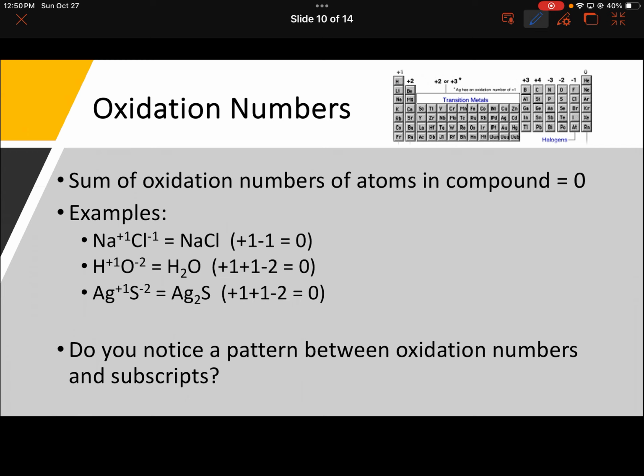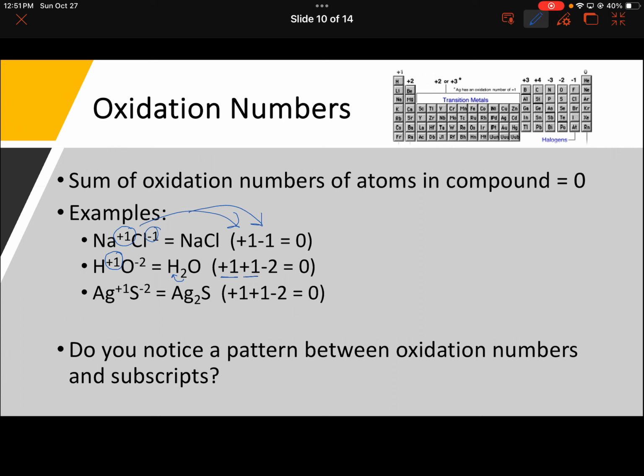And then in a compound, the sum of the oxidation numbers is always a 0. We're going to start putting these onto atoms in the compound, and they usually always add up to 0. So here, plus 1, minus 1 equals 0. Now notice H2O. It's a plus 1, but there's 2 of them.